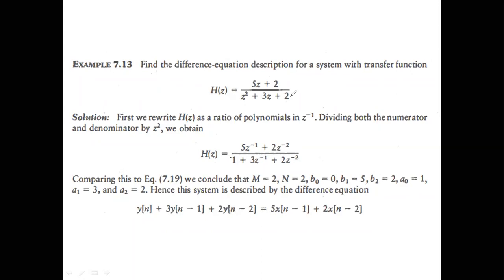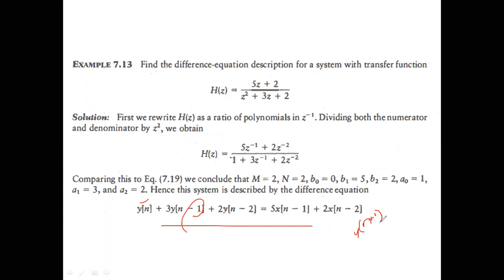First thing we have to do is make sure that the difference equation contains everything in terms of y of n and x of n and its previous values. There cannot be y of n plus 1. There cannot be reference to future values like x of n plus 2 or y of n plus 3, because it indicates a non-causal system.